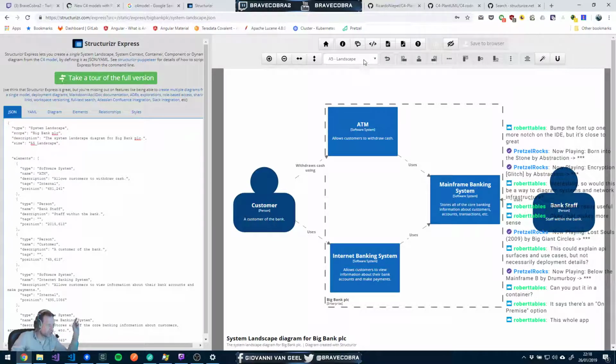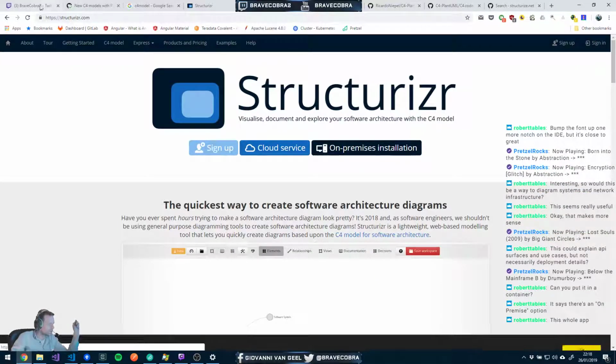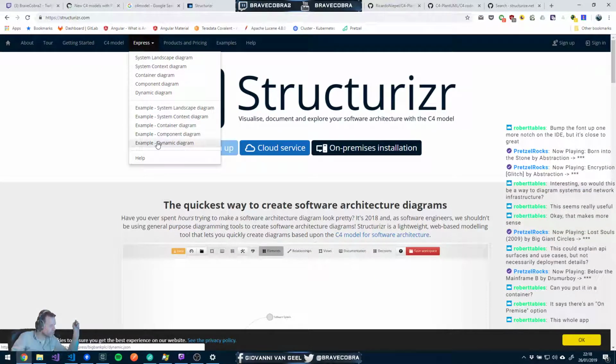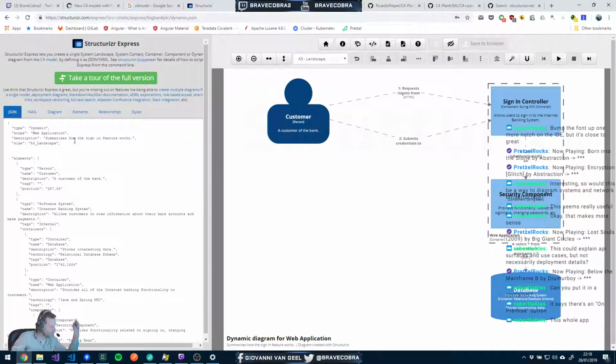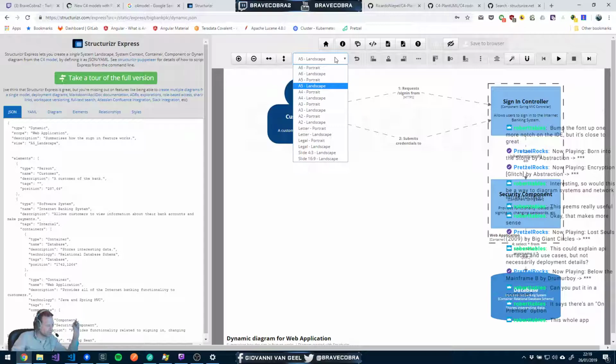Now, what I did want to show you is that he has, if we go to the home one here. No, I wanted the examples where you do a more. Let's see, was it the dynamic one? I think it was. Where you would have a different view on the whole thing, meaning the whole deployment part of this example.